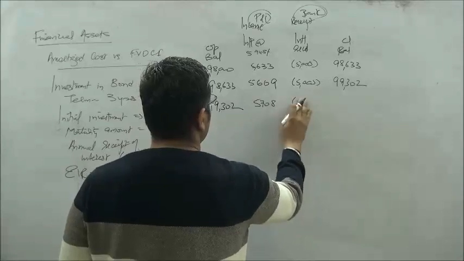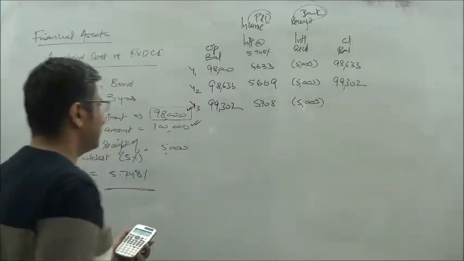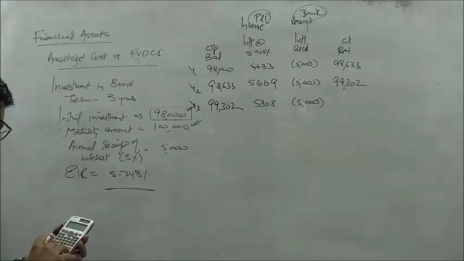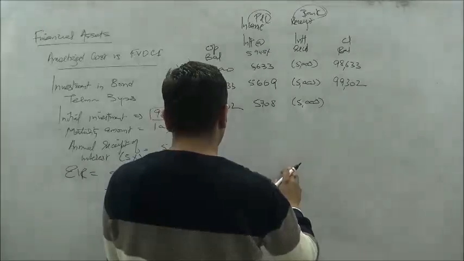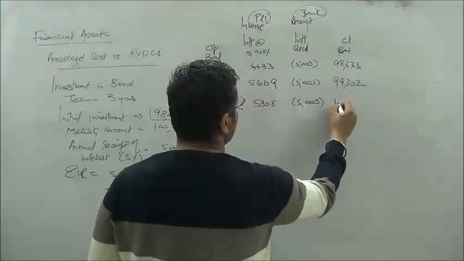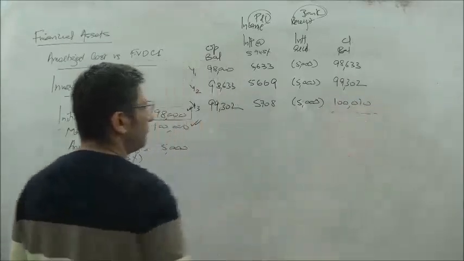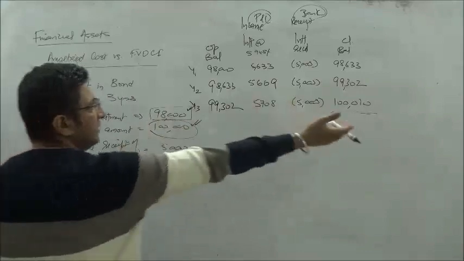Okay. Year 3, 99302 becomes opening balance, and on 99302 I do this multiplication, which now comes at 5708, and of course I receive this interest of 5,000. So when you add these up, 99302 plus 5708, this is the approximate figure to me, which is 100010. This is purely a round off difference, because this value has to map up with that other value.